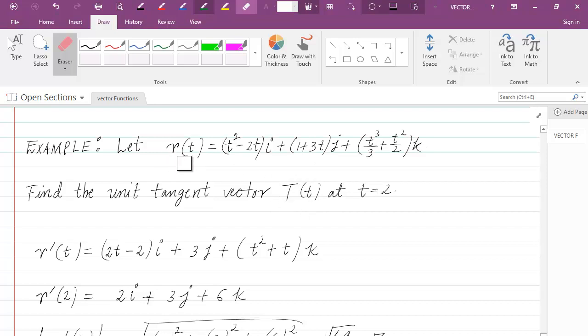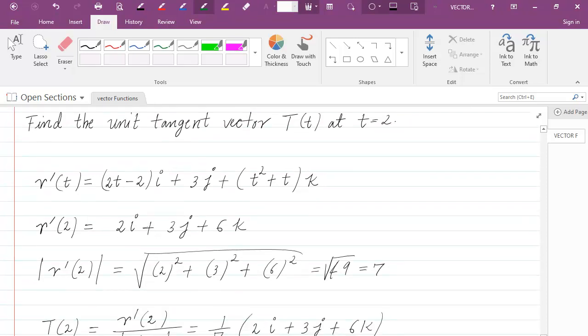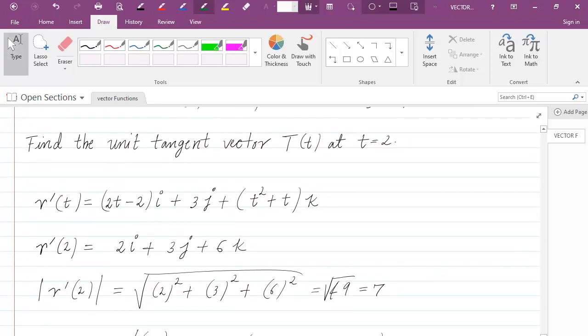So the derivative of r of t would be (2t minus 2) i plus the derivative of the second component, which is 3 j, plus the derivative of the third component, which would be 3t squared over 3, so that's t squared, and here I get t, so t squared plus t. So this is r prime of t, and since we want the unit tangent vector at t equals 2, let's look at r prime of 2.